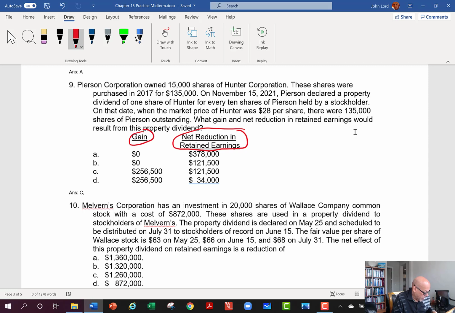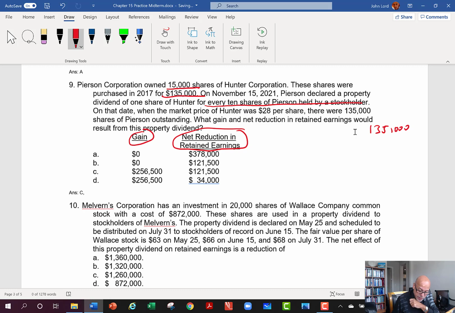Okay, so I'm going to see that we have these 135,000, right, for the 15,000 shares. And then they're telling us that there are 135,000 shares of Pearson outstanding, and they're going to distribute 1 share for every 10 shares of Pearson held.